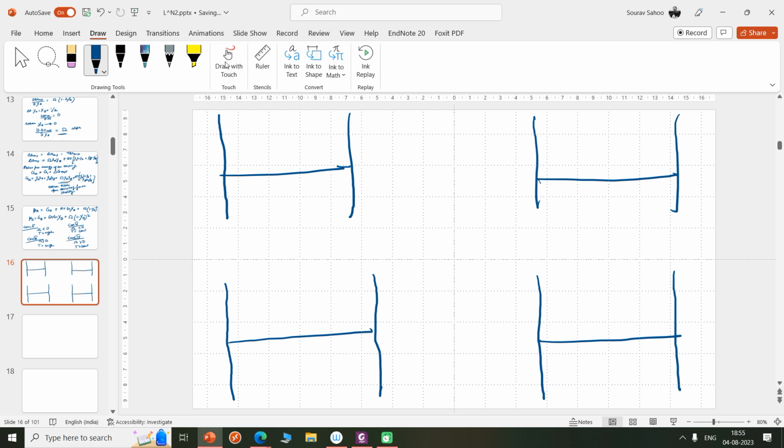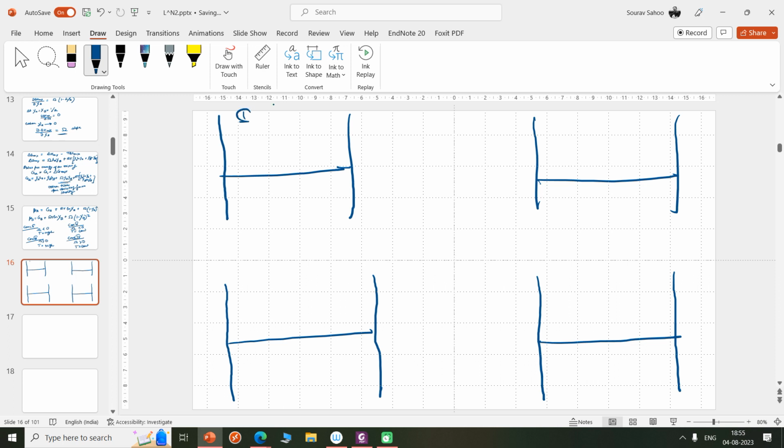So this was case 1, where omega was greater than 0 and temperature was high. Sorry, yes, it was opposite. Omega was less than 0. So case 1: omega is less than 0, temperature is high.